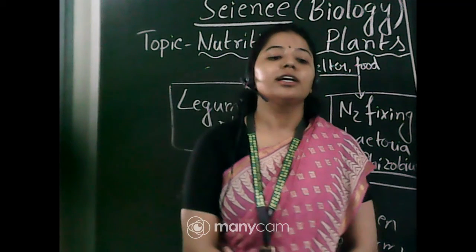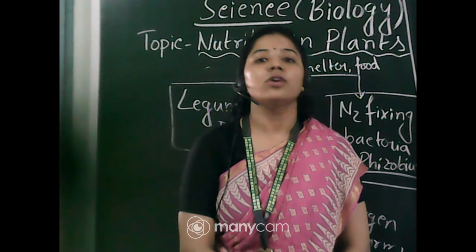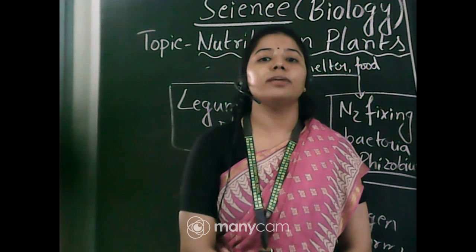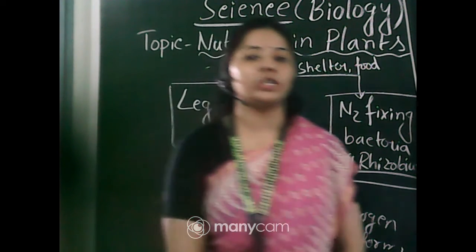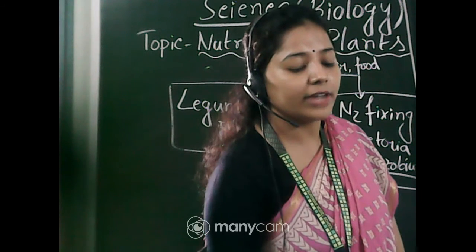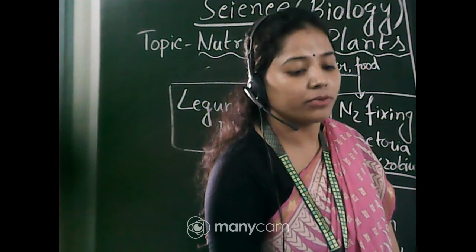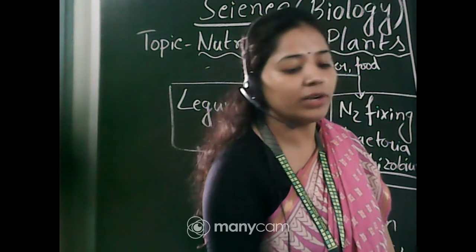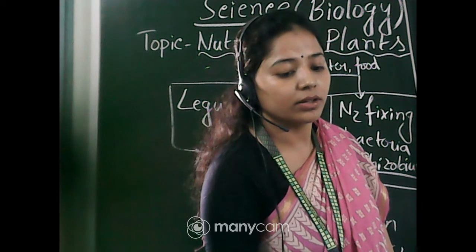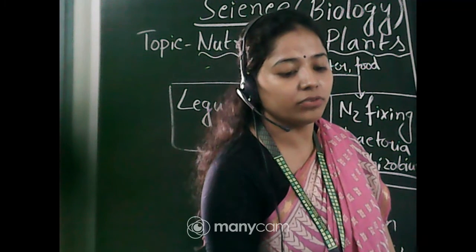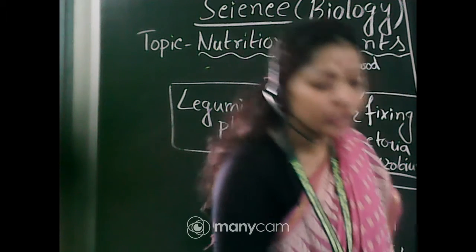Whatever they need, they get from insects, as they grow in muddy areas where there is a deficiency of some minerals required for their proper nutrition and growth. So they take it from the insects. So we can say that they are partially heterotrophs, not fully. Okay, now you understood? I hope you understood. Okay.